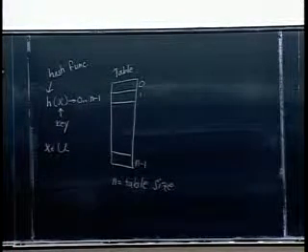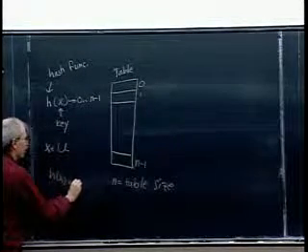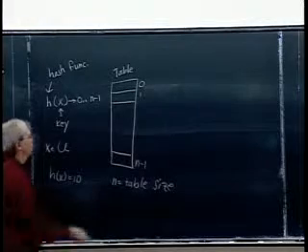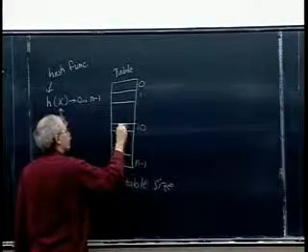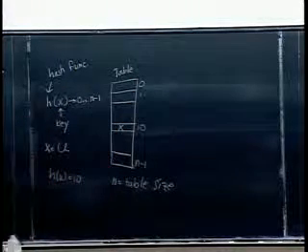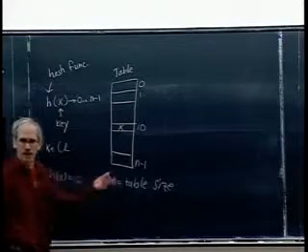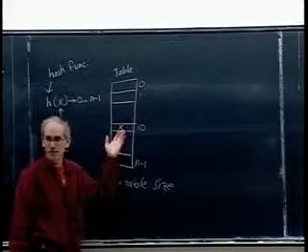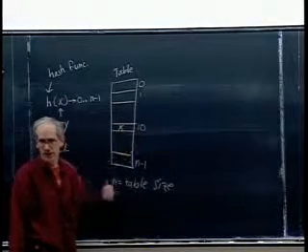So for example, if h of x is 10, then at least ideally, we'd like to store key x in location 10 of the table. And then later, if we want to look it up, we know that the place where x should be is location 10.